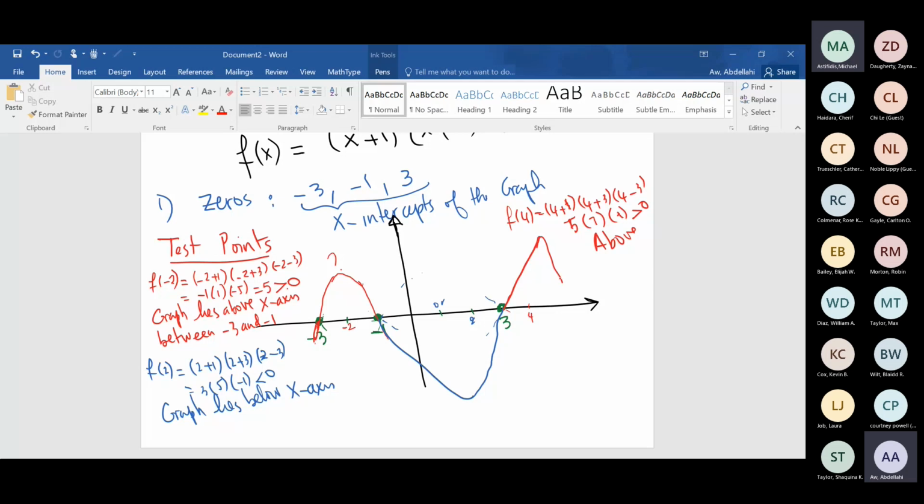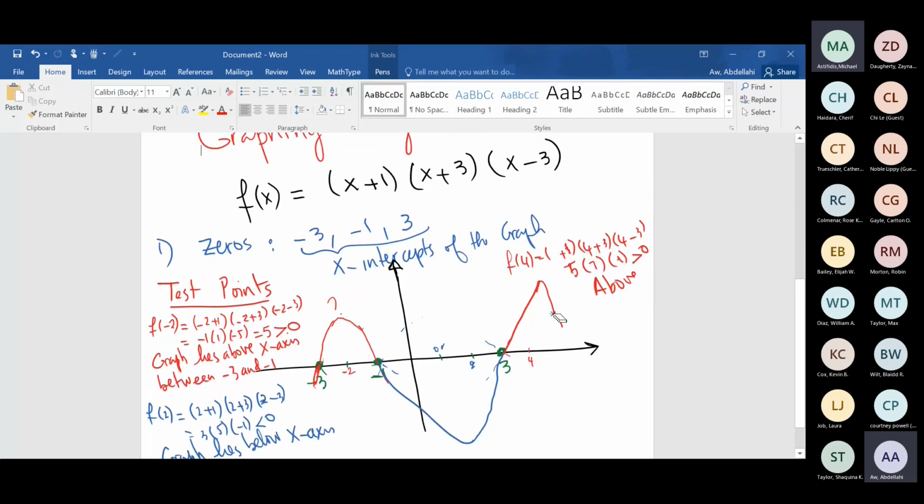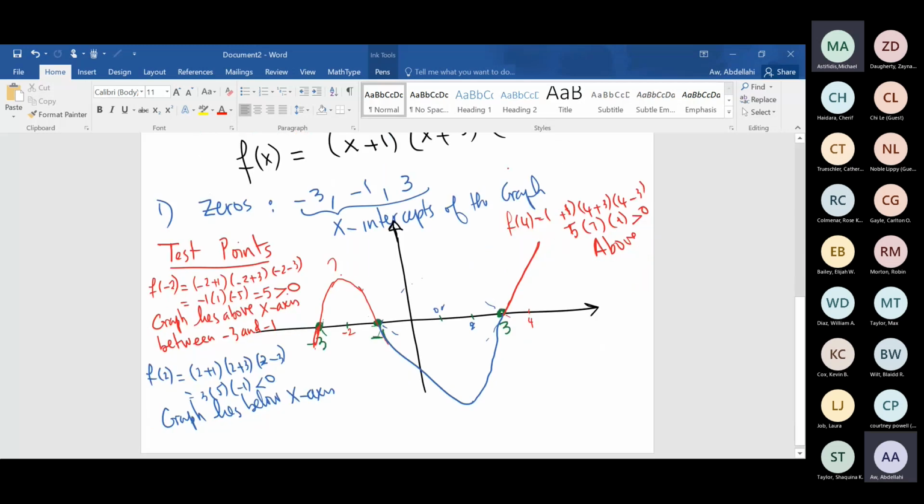If my graph does this, it's very probable it's going to do that, which would introduce a new zero. But we don't have any more zeros. So my graph just keeps going up like this.